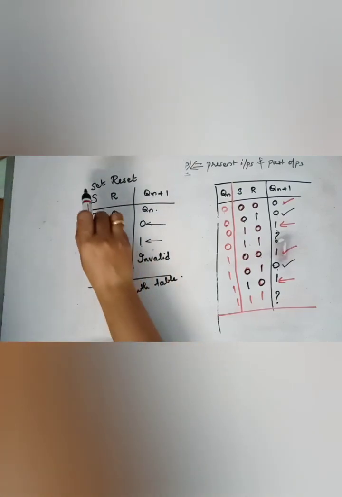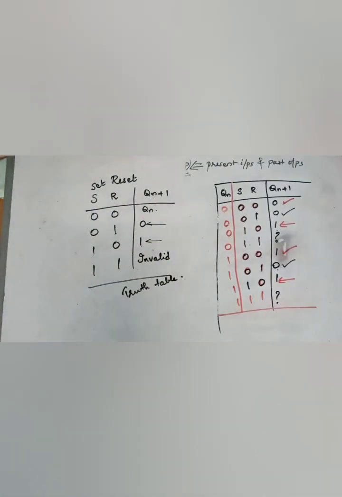So that is why you call it a set reset flip-flop. If you don't have a provision to give the input in an SR flip-flop, then it is called an SR latch. So that is a difference between a flip-flop and a latch.